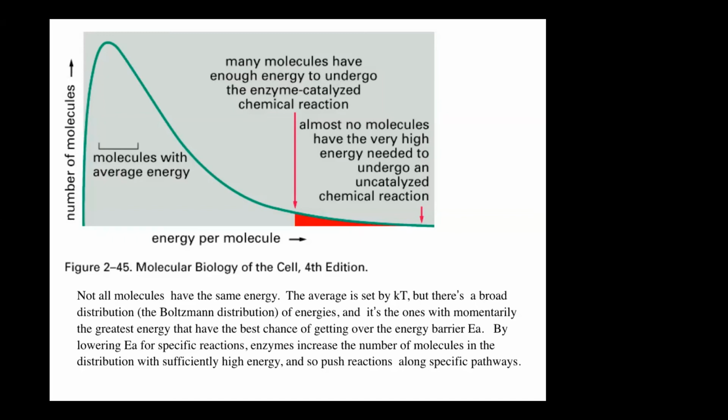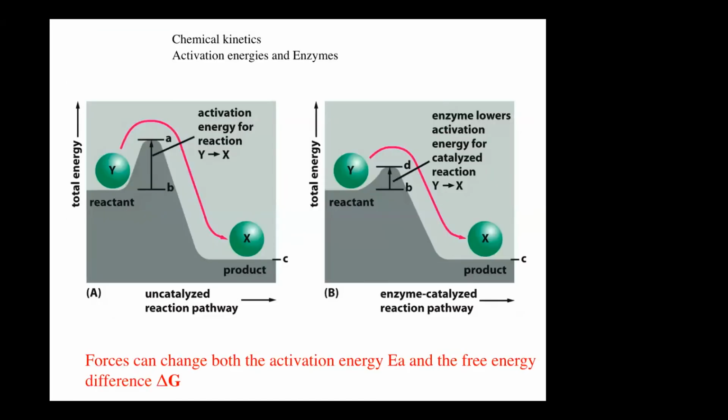It's not a Gaussian-looking distribution at all. It has this long, stretched-out tail. And some molecules have way more energy than the average. Those are the ones that can climb up this energy barrier and do the reaction.